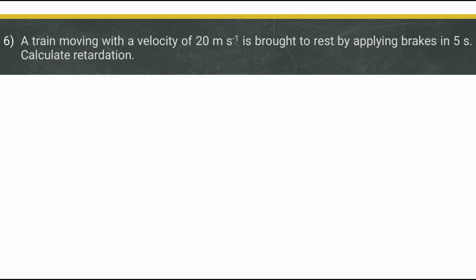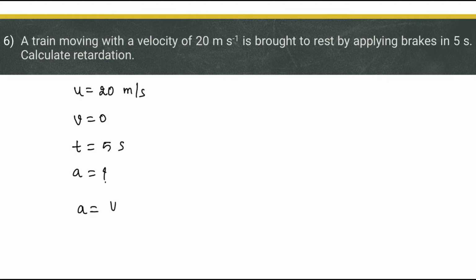Sixth, a train moving with a velocity of 20 meter per second is brought to rest by applying brakes in 5 seconds. Calculate retardation. U is equal to 20 meter per second. Final velocity is 0 because the object is brought to rest. Time 5 seconds. Find the acceleration.